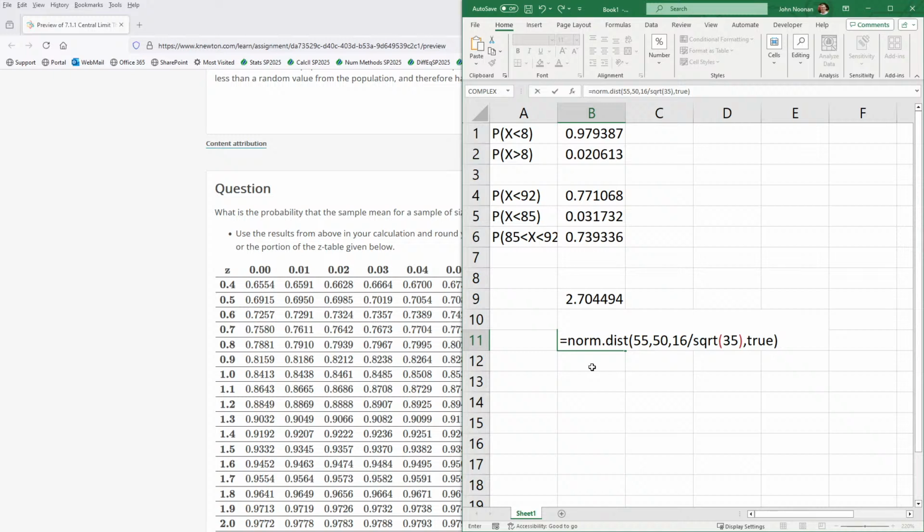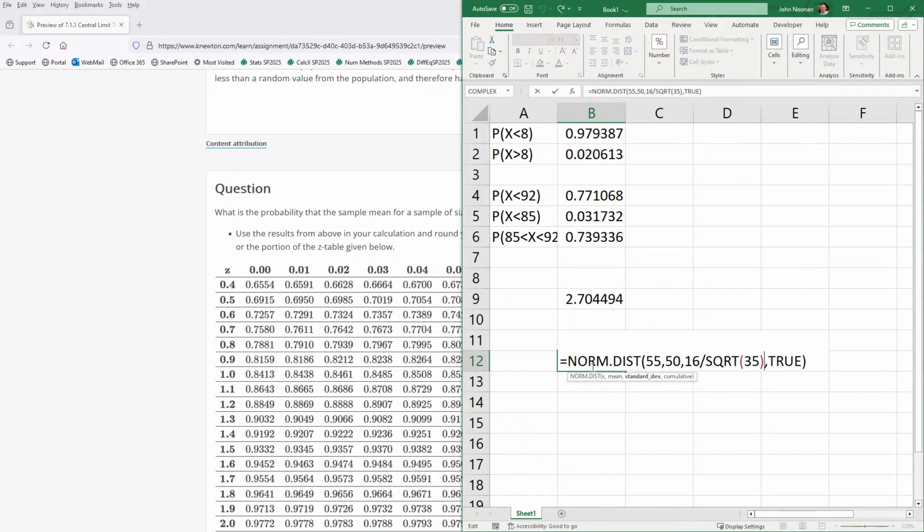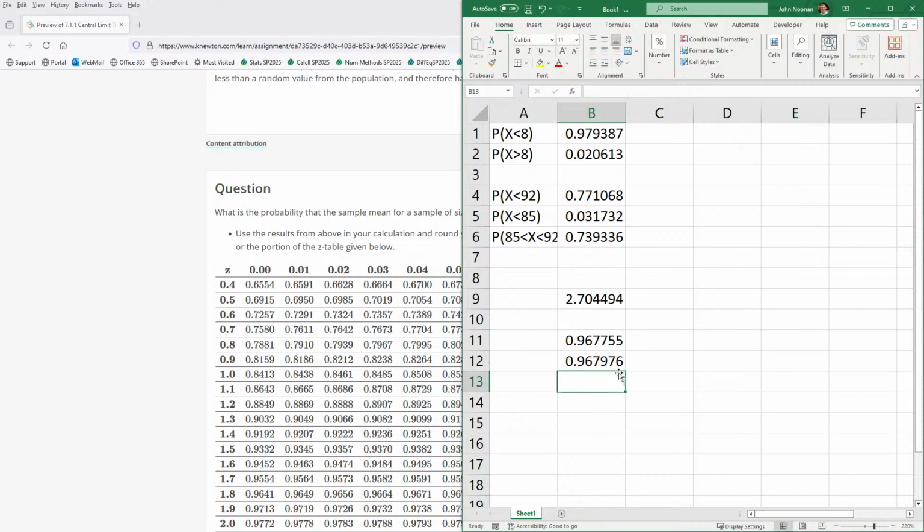And the one thing I need to, just a minute, let's copy this because I'm a little concerned. Let's change this to 2.7 and see what kind of a difference we get. Okay, it's nearly the same. I think that they're going to want you to use the 2.7 rather than this.